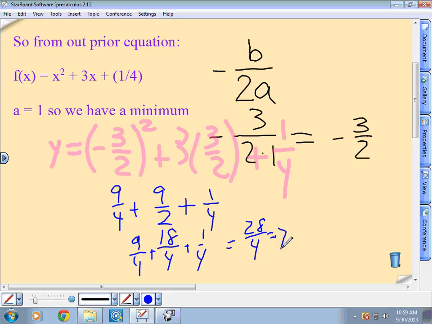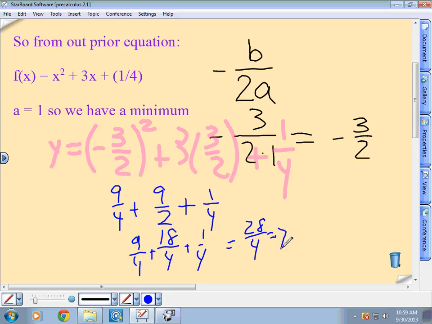Wait a minute. What did I do wrong? That one's not negative. Shouldn't it be negative 3/2? And it would end up being negative 9. Oh, I got you.